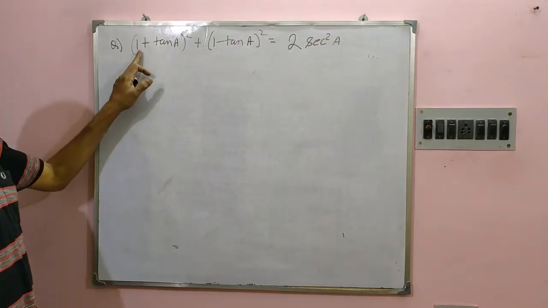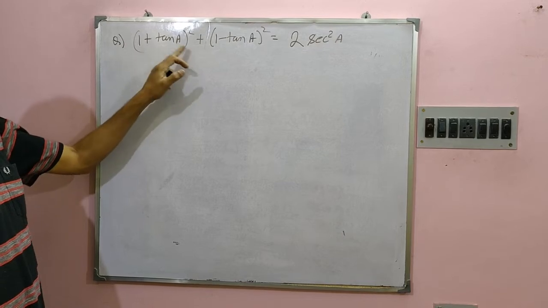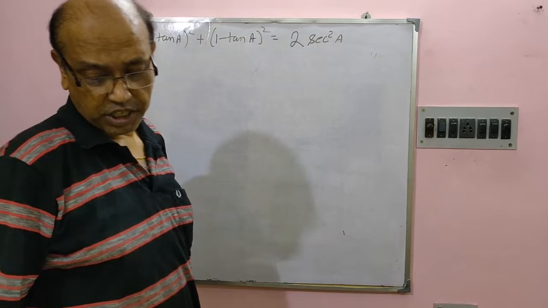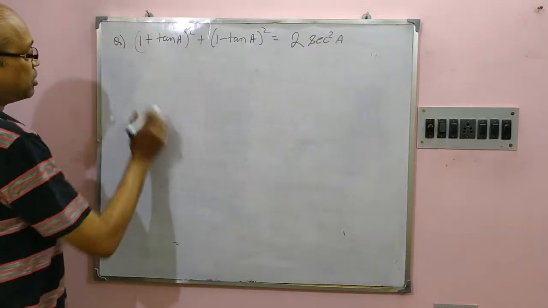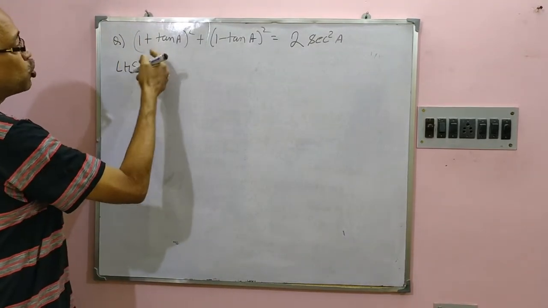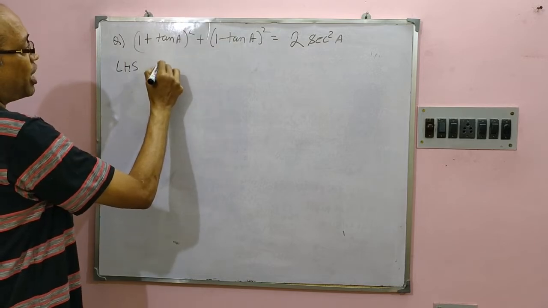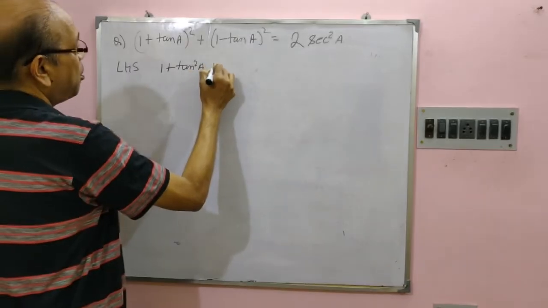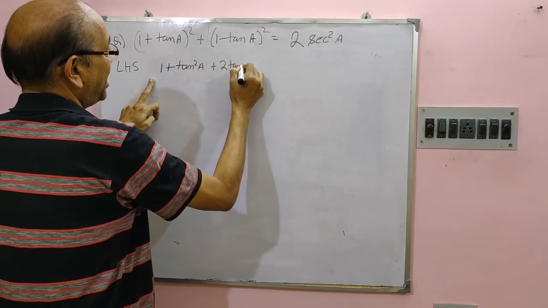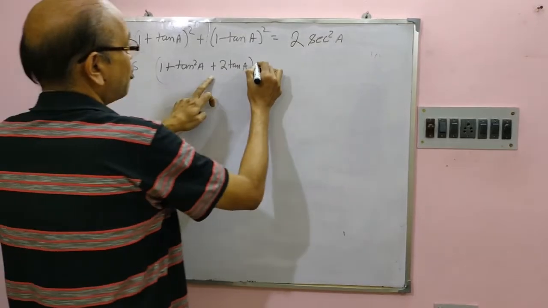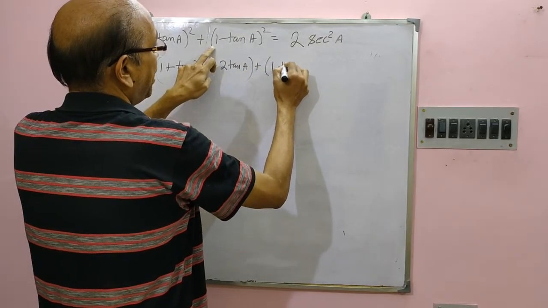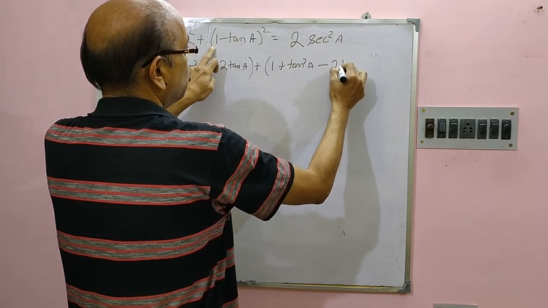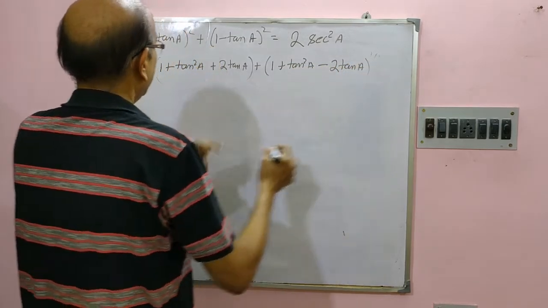Next question. (1 plus tan a) whole square plus (1 minus tan a) whole square is 2 secant square a. Solving the left hand side, square the things. What I get? 1 plus tan square a plus 2 tan a, and from here 1 plus tan square a minus 2 tan a.